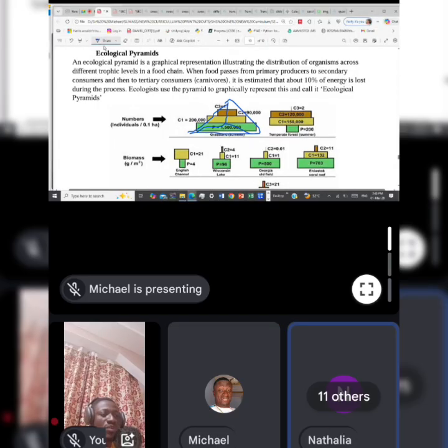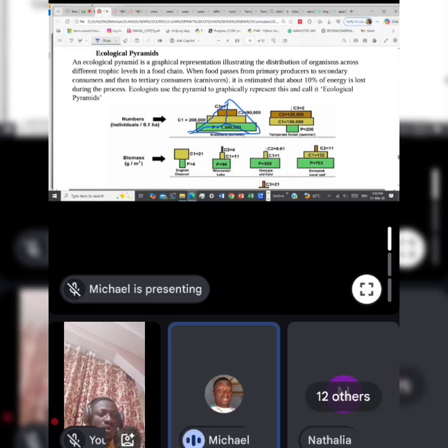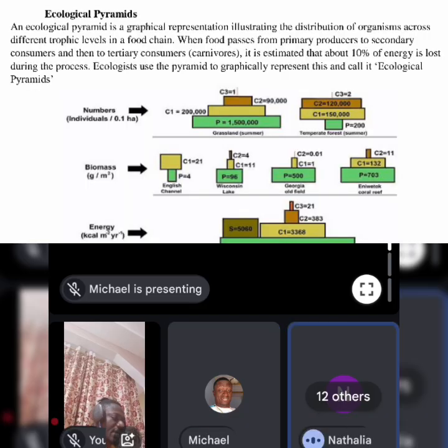That is a pyramid. Here it means that we are representing factors in the ecology. These factors could be the number of the organisms, the biomass, the amount of food that is being transferred, or the energy that is being transmitted in such an ecology.